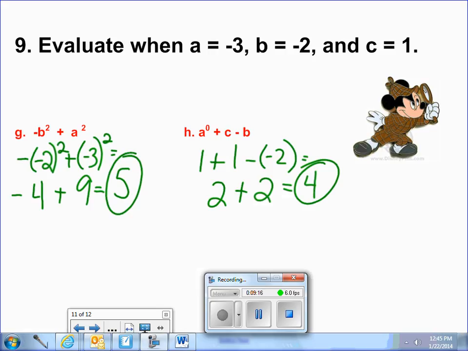Please be aware that the negative sign also means the opposite. So in G, you have negative 2 squared, which is 4. But it is the opposite of 4, which makes it negative 4. Plus 9 equals 5. And then again, the rules for your 0 exponents and subtracting integers.